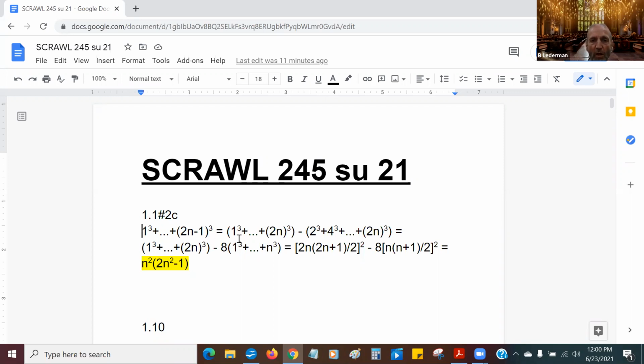Now this is equal to 1 cubed plus 2 cubed plus 3 cubed all the way up to 2n cubed, which is all the numbers, minus the even numbers. In other words, if I just want the odd numbers, that's all the numbers minus the even numbers. Let me put this here to make it a little more clear.